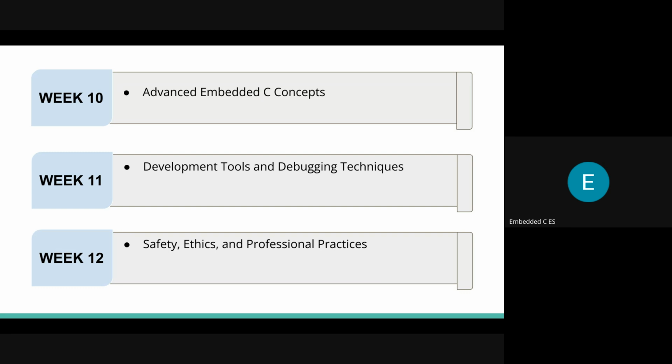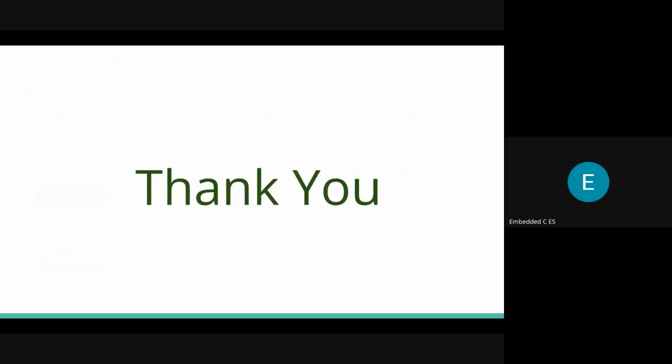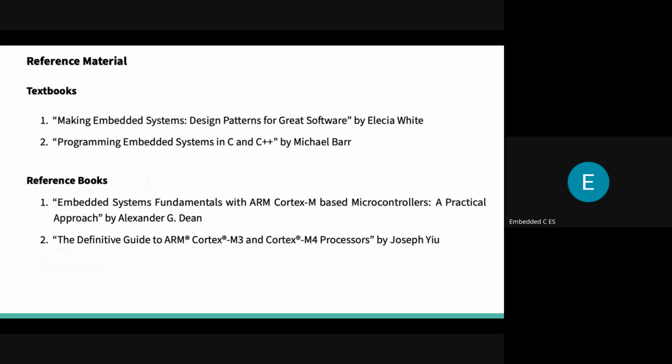We'll cover that for reference. You can take a screenshot. Basically, for the textbooks, all the topics are mostly taken from these textbooks and reference books. The first is Making Embedded Systems: Design Patterns for Great Software by Elecia White. The second is Programming Embedded Systems in C and C++ by Michael Barr.